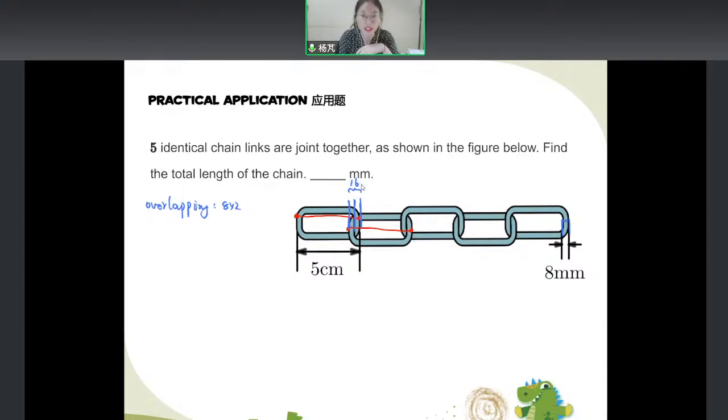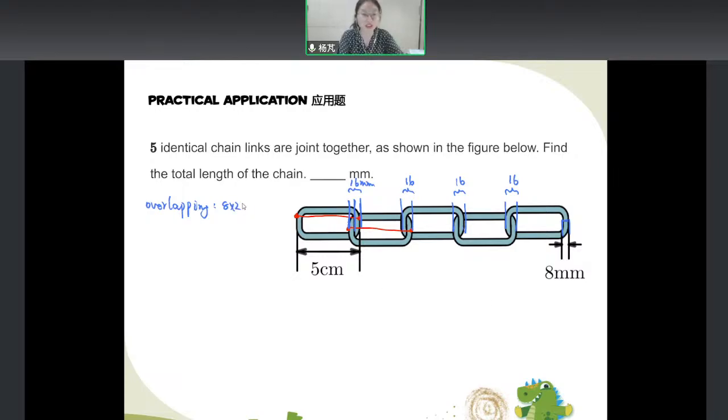16 millimeter. How many 16 do we have? Or how many overlapping parts do you have altogether? Second group of 16. Third group of 16. Fourth group of 16.